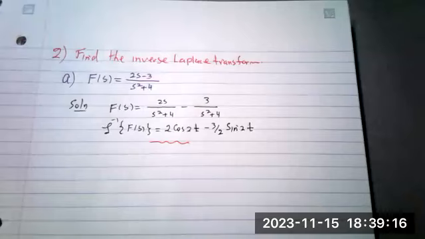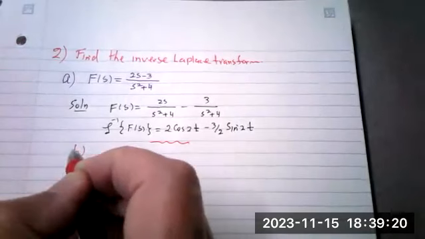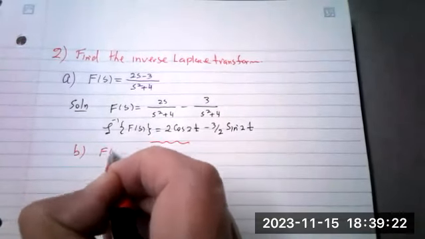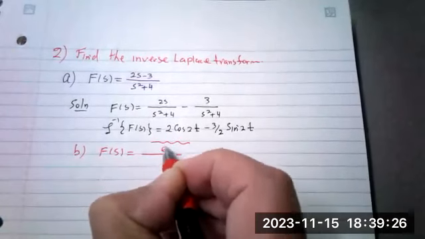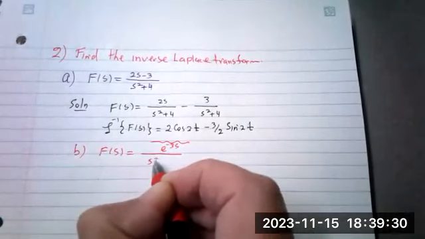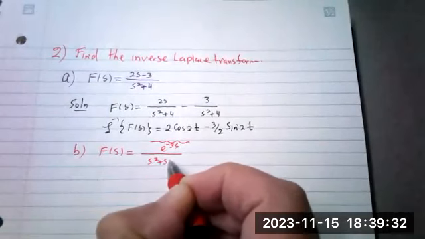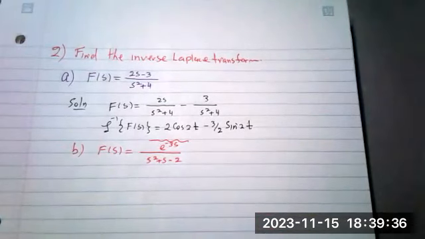Types 2 and 3, of course, need the translation. Type 2: F of s is equal to e to the negative 3s divided by s squared plus s minus 2. As soon as we get e to the negative 3s, there is going to be a translation.